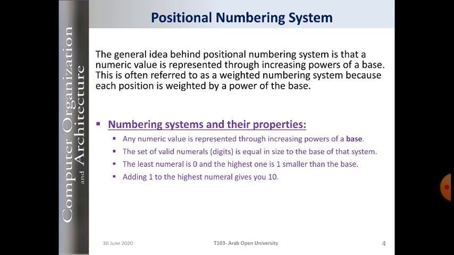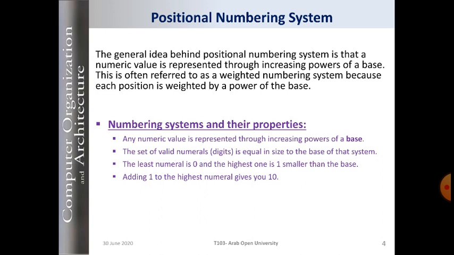The general idea behind the positional numbering system is that a numeric value is represented through increasing powers of a base. This is often referred to as a weighted numbering system because each position is weighted by a power of the base. The set of valid numerals, or digits, is equal in size to the base of that system.